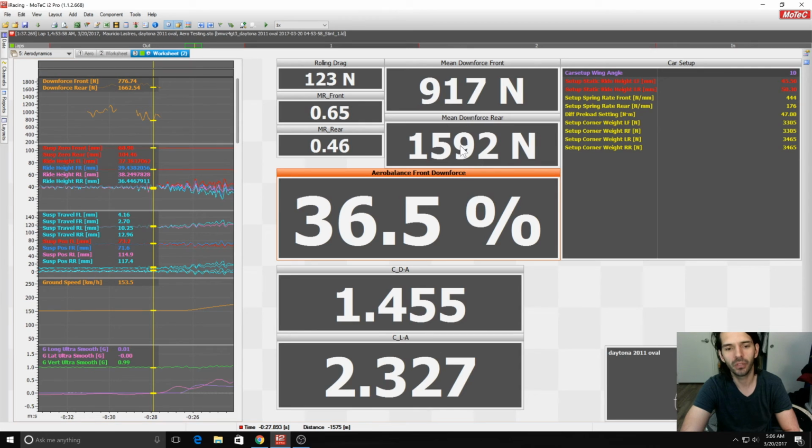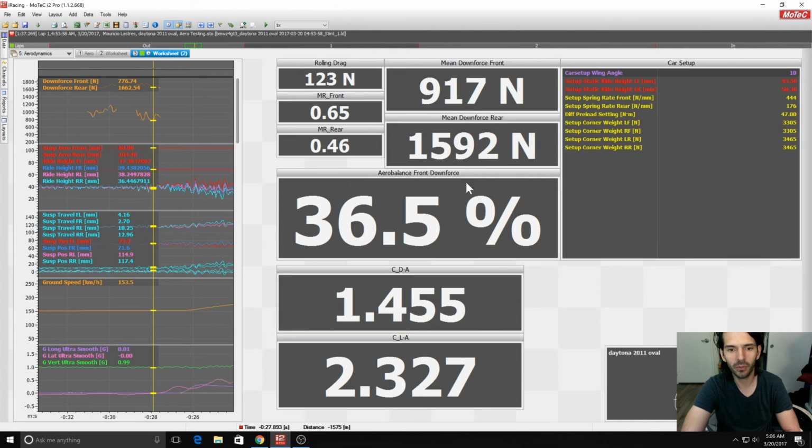So then that reassured me. I'm like, oh, okay, I didn't know that this was the case, that we were in the ballpark. But we are getting more rear downforce than in the front. And again, this is with maximum wing, and our coefficient of drag is 1.46, and coefficient of lift is 2.33.